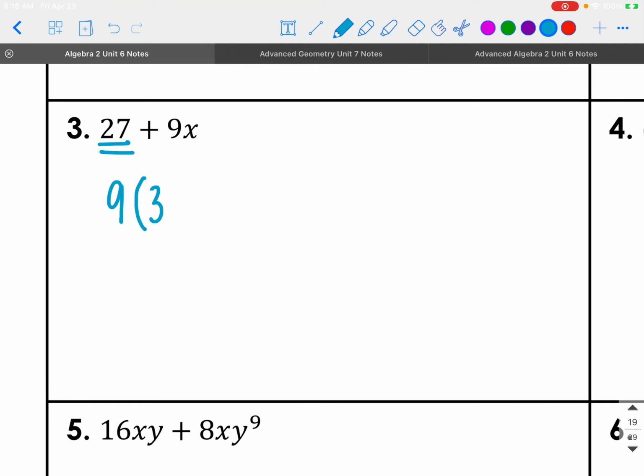Now, the reason I didn't pull out any x's is because the 27 didn't have any at all. So we couldn't factor out or bring out an x. And then plus 9 divided by 9 is 1, and it still had its x. You could also just write this as 9 times 3 plus x.